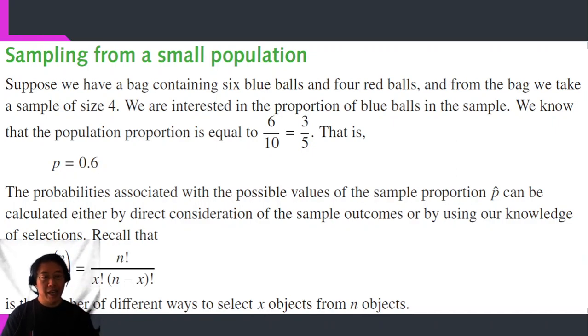Once you take a sample of a specific size, you can calculate the probability of having a certain number of blue balls and red balls using the knowledge of selections or combinations.